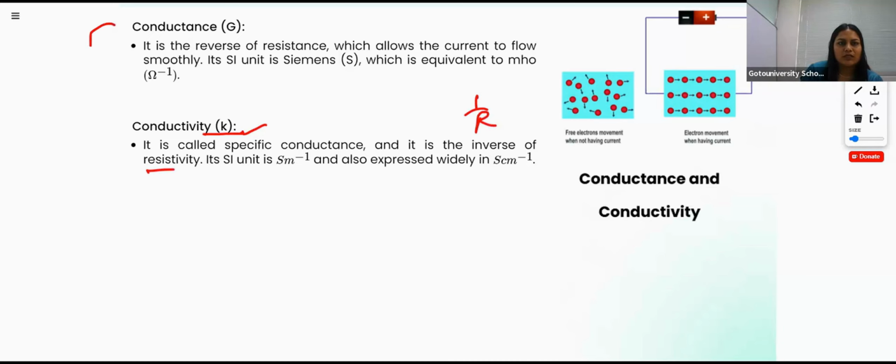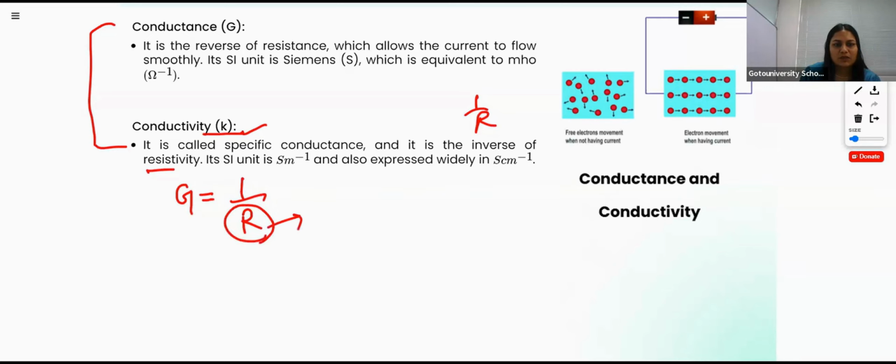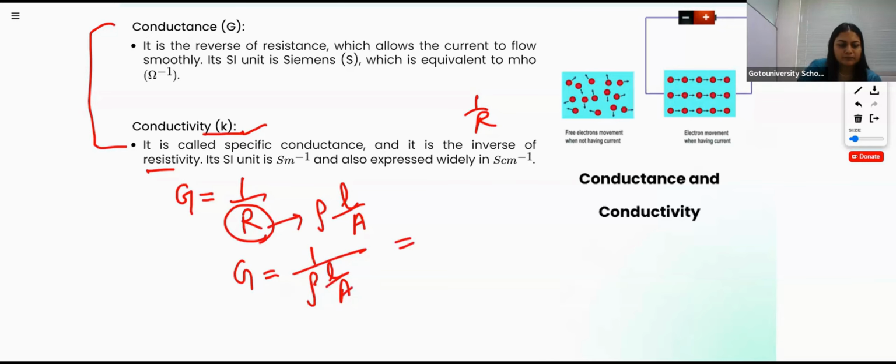So how are these two relations related to each other? As we have discussed, conductance is the reverse of resistance, right? And resistance was rho L over A, right? So that means conductance is 1 over rho L by A, which will become A over rho L, right?